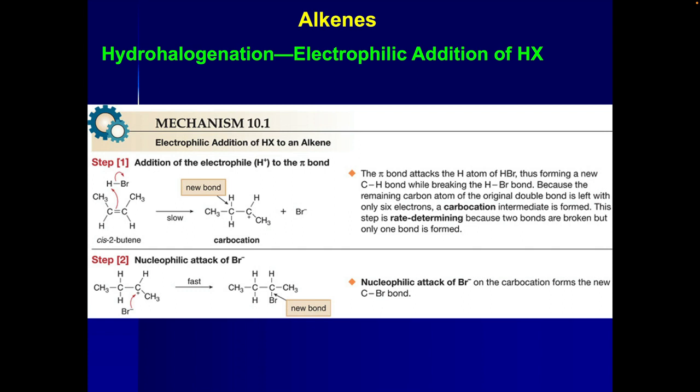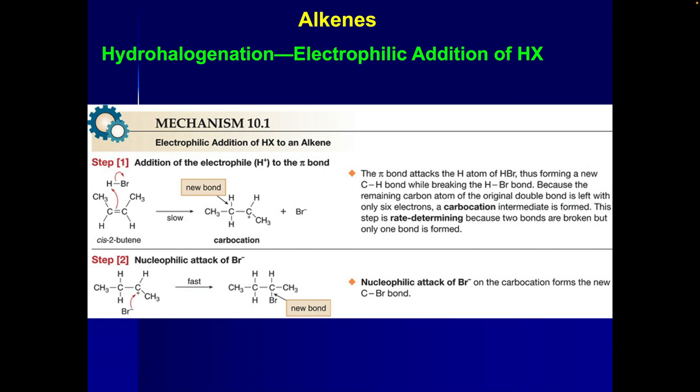When I'm drawing a reaction mechanism, I always start my arrow pushing at the Lewis base. And I start at the pi bond. And where am I going to draw that to? I'm going to draw it to the Lewis acid, but am I going to draw it to the H or to the Br? Br.